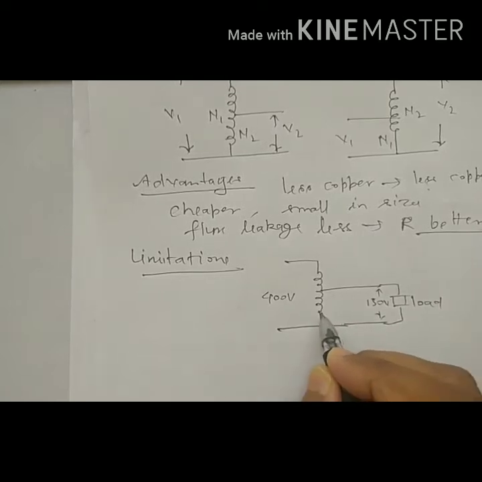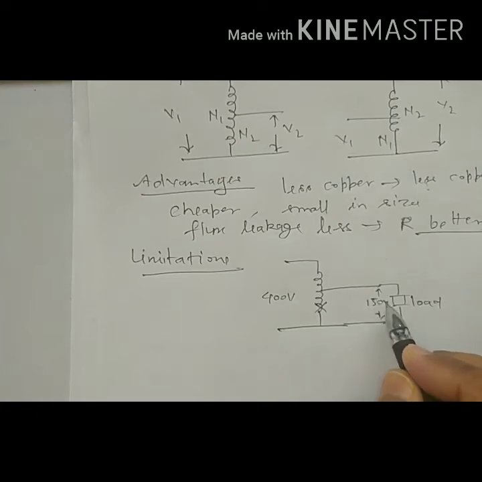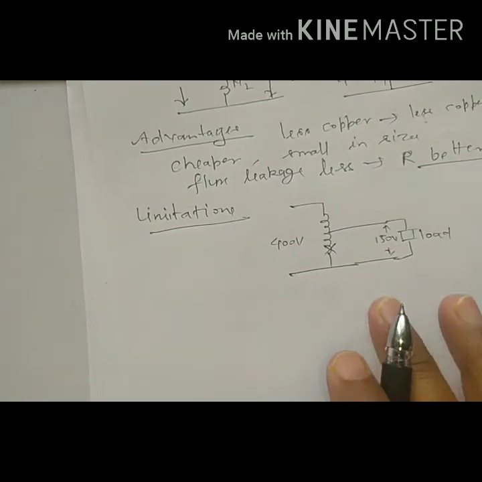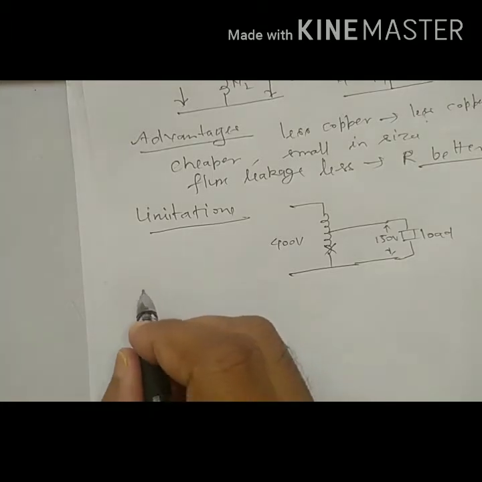So if a fault occurs in the secondary, if it is open, then the entire 400 volt will be applied to this load, and it will damage the load because the load is of only 150 volt, right? So this is also another issue related to this autotransformer.